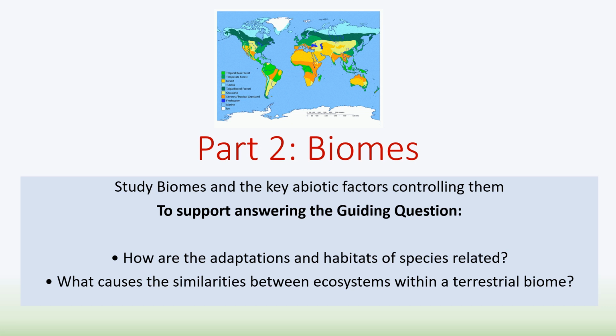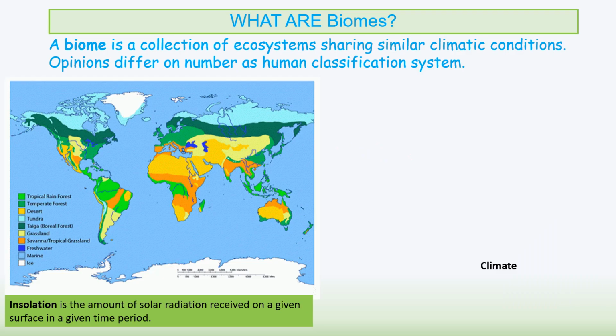Okay, so let's look at part 2 then. In part 2 we are looking at biomes, and biomes are key because if you look at the map of the world there, it shows you where all the different types of ecosystems are grouped. So we need to understand what a biome is.